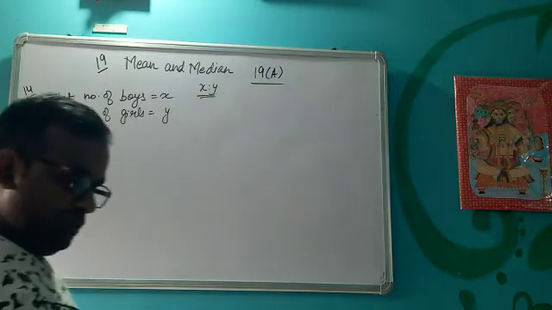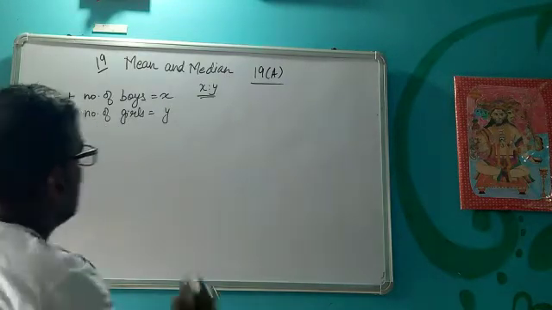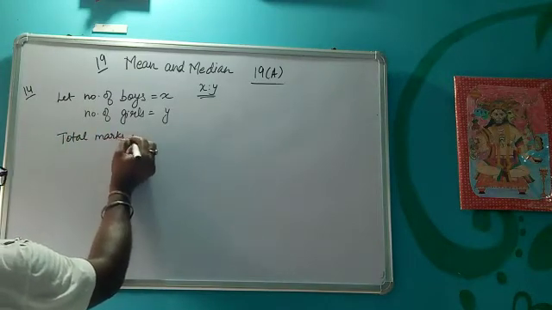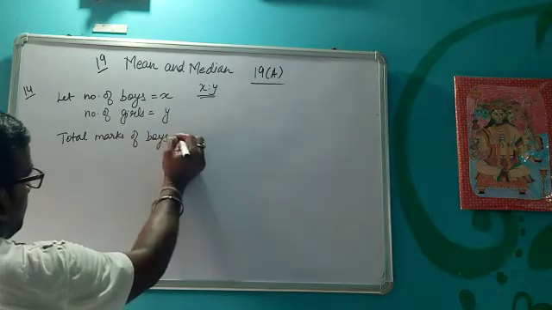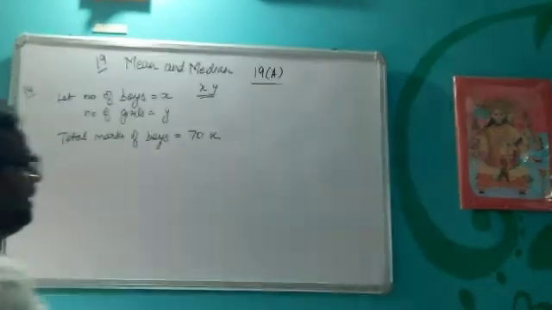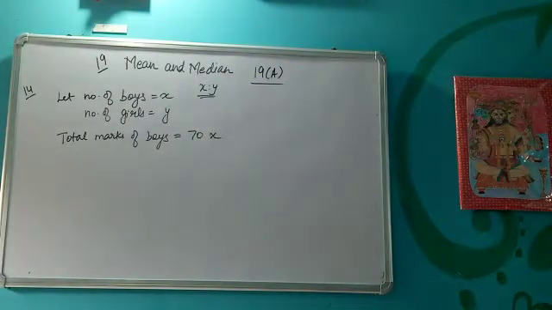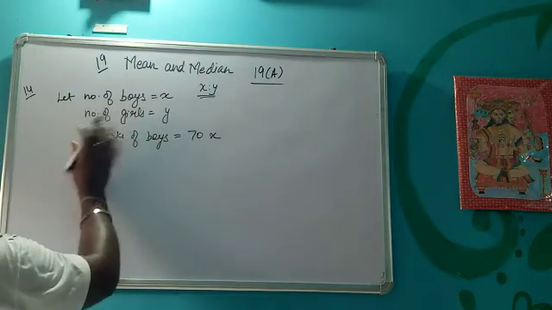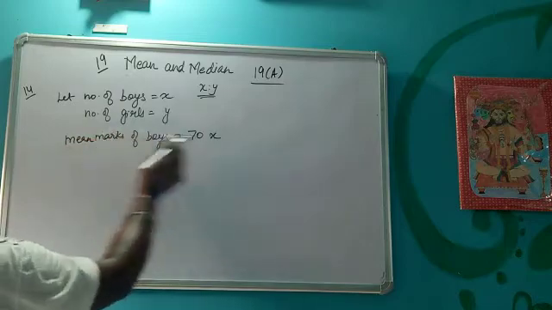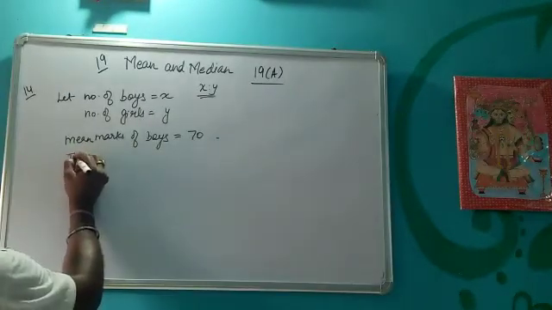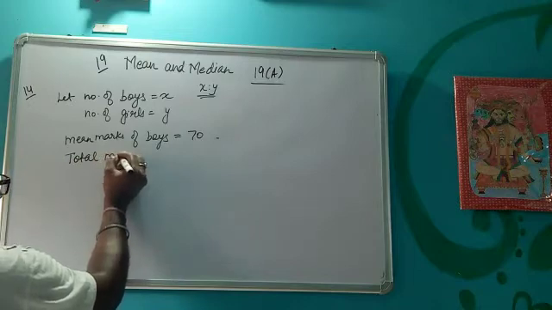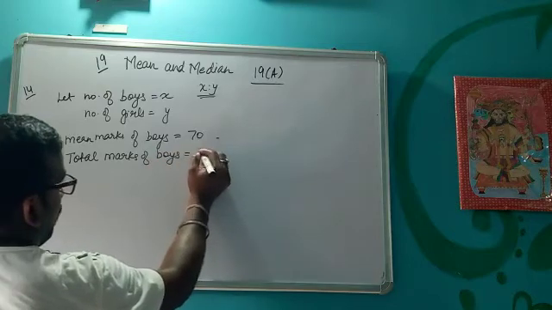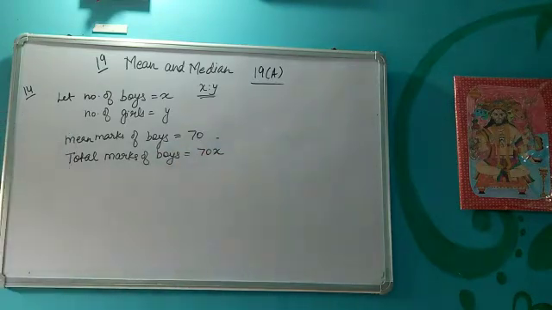Okay, so the mean marks of boys equal 70. So from here we will calculate the total marks of boys, and it will be 70x.